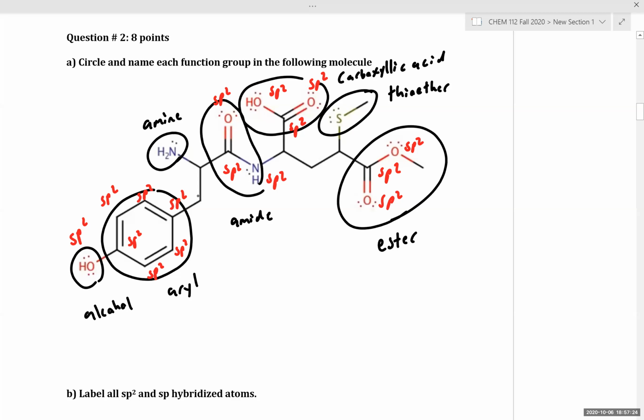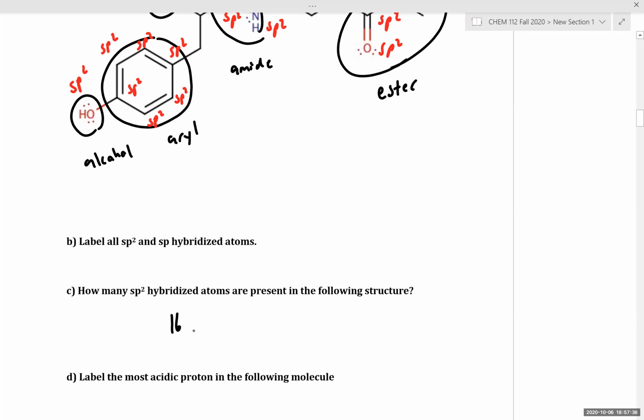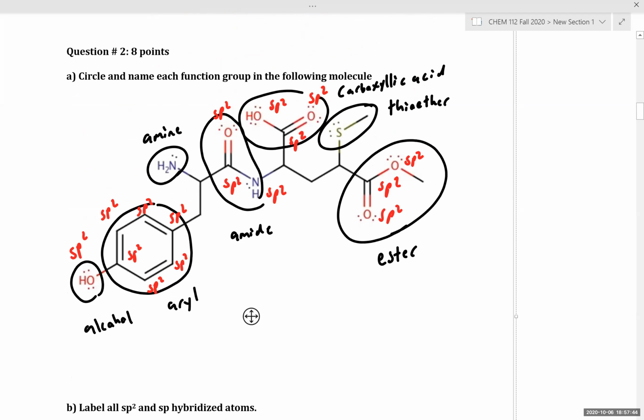Okay, so we've labeled our functional groups, we've labeled our sp2 hybridized atoms, and counting them up, we have 7, 10, 13, 16. So we'd say that there are 16 sp2 atoms. And if we're asked to label the most acidic proton, the most acidic proton would be our carboxylic acid proton with a pKa of around 4.